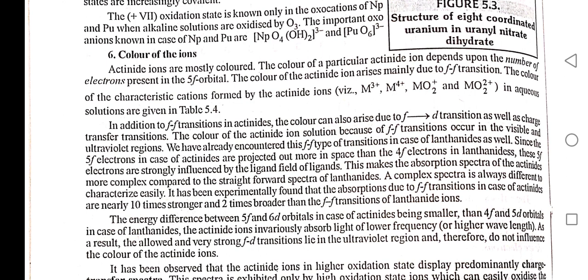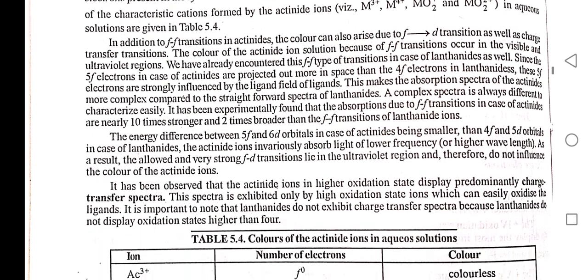The actinoid ions thus absorb light of lower frequency or higher wavelength. As a result, the very strong f-d transitions lie in the ultraviolet region and therefore do not influence the color of the actinide ion.